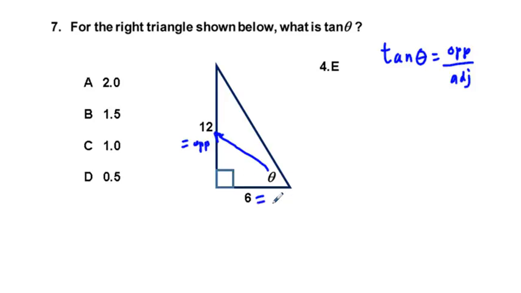And our 6 here is going to be our adjacent. So tangent theta is going to be 12 over 6, which simplifies to 2, making our correct answer A.